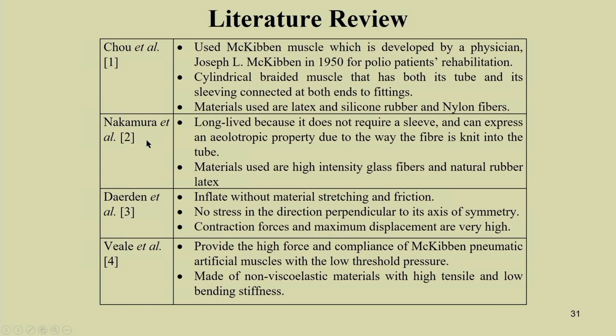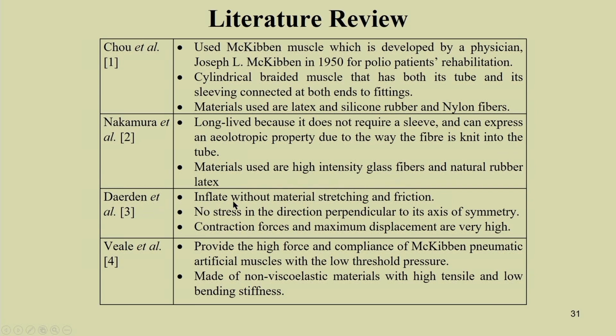Then Nakamura et al. describe a muscle that is long lived because it does not require a sleeve and can express an anisotropic property due to the way the fiber is knit into the tube. Materials used are high intensity glass fiber and natural rubber latex.